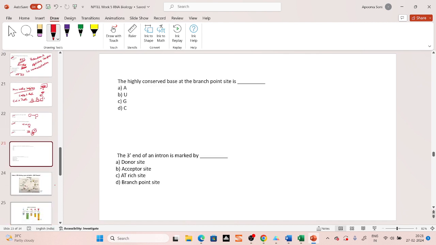Now, the next question is, the highly conserved base at the branch point is AUGC. Very easy question. Highly conserved base at the branch point is, think.